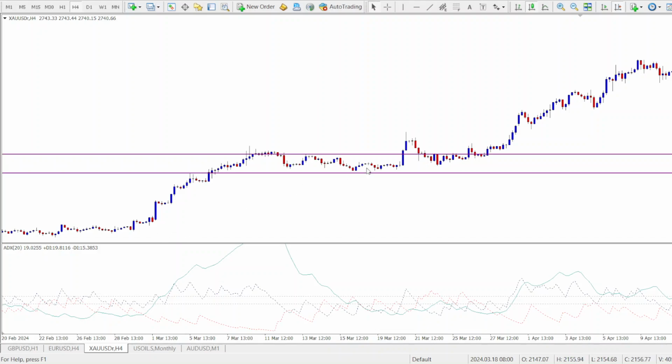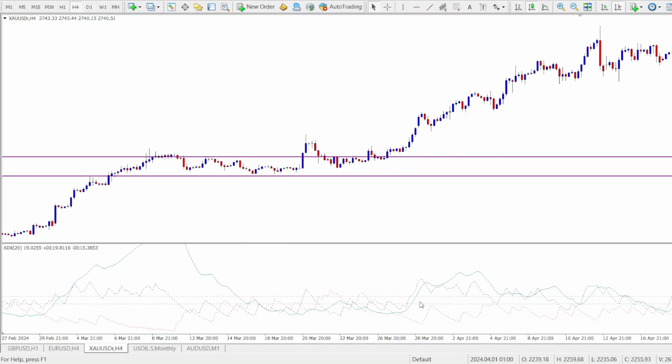As you can see, this was a strong uptrend, although there was a consolidation period within this zone. So let us just use the continuation of the uptrend as our example. We had the plus DI above the minus DI, and we had the ADX line just above the 25, and we can see that there was a significant bullish move.